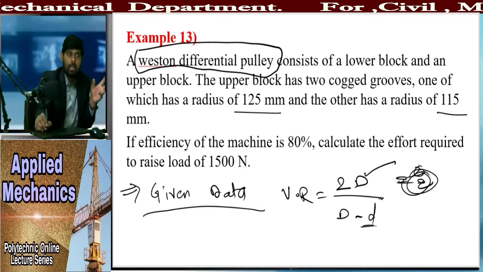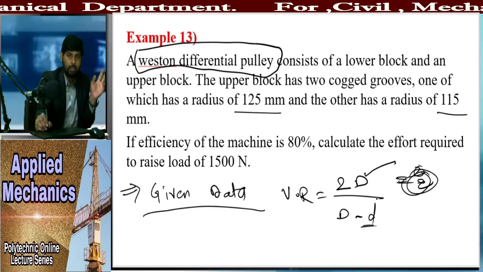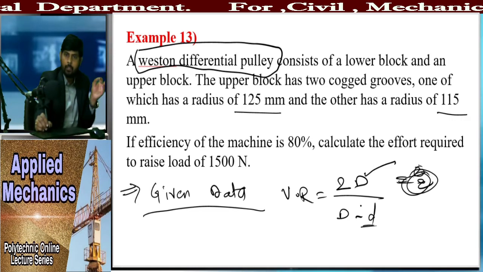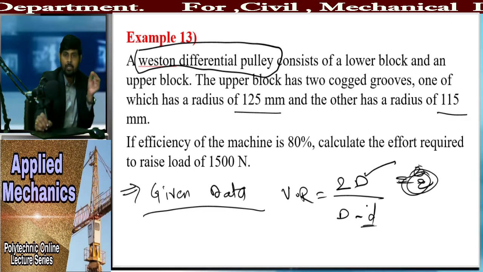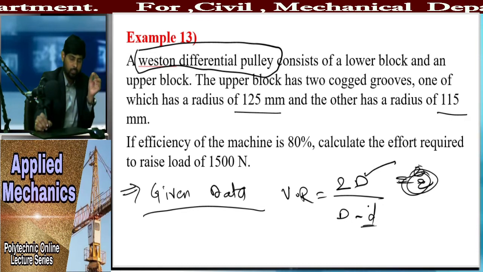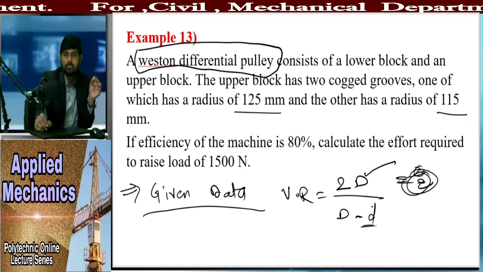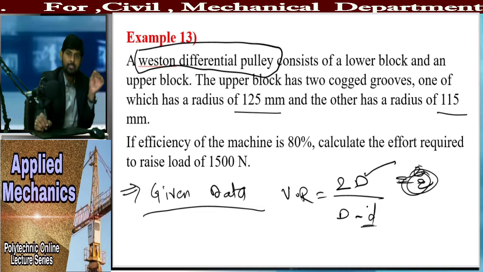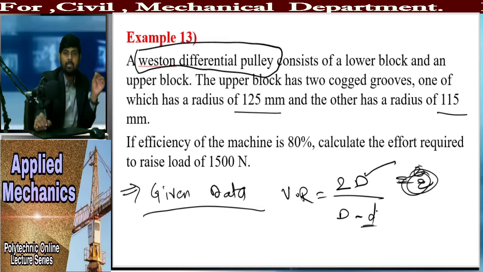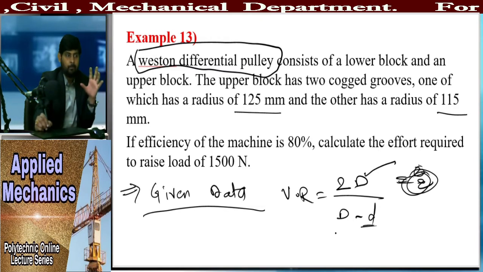Why? Because in the note they already told us, if the data is given in a radius form, in a diameter form, or in a teeth form, we have to take that term directly.